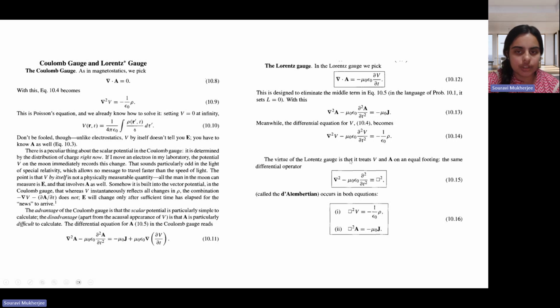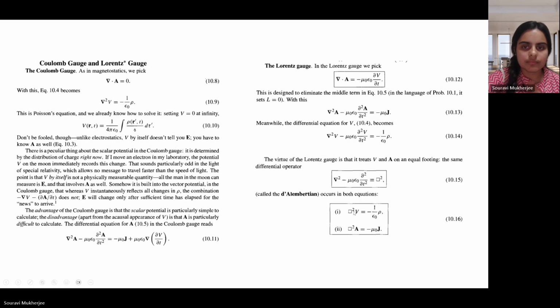So the virtue of Lorentz gauge is that here V and A, both of them are treated on equal footing. Okay. And it makes calculation of all the potentials easier. This operator here, del square minus mu naught epsilon naught del square del T square, is called the D'Alembert's operator. Okay, so in general, when you use the Lorentz gauge, these are how the potentials are related.